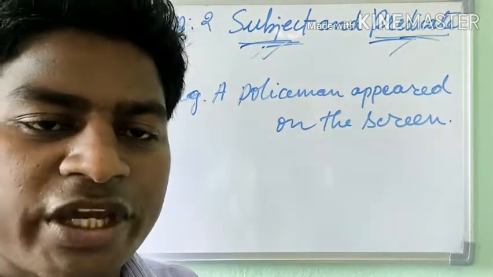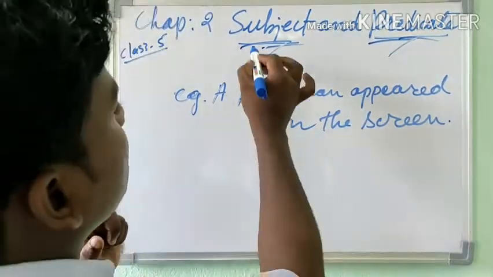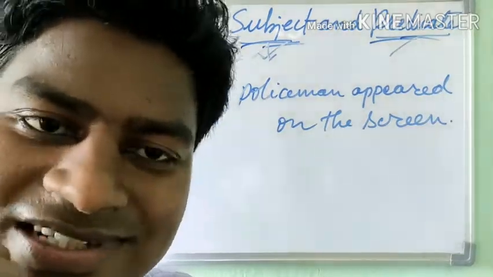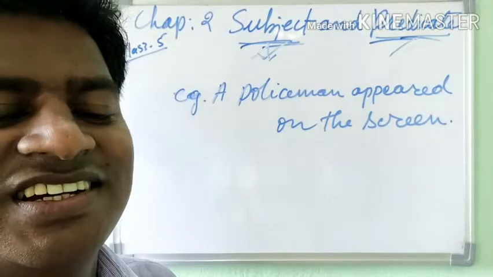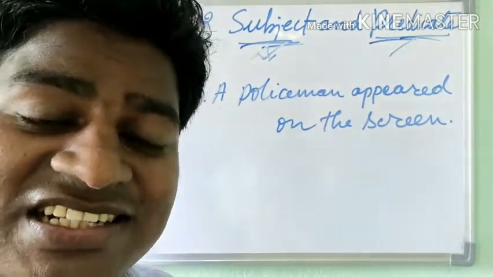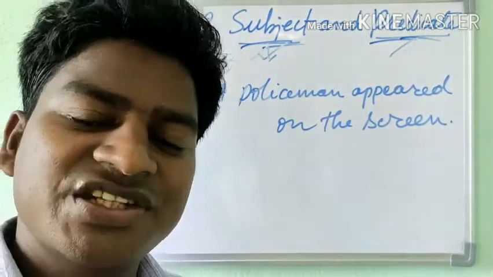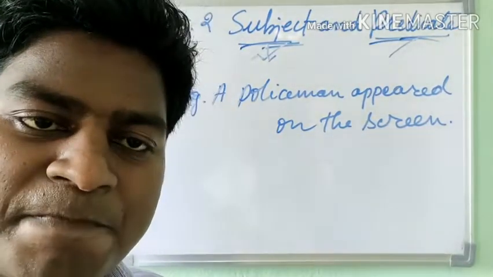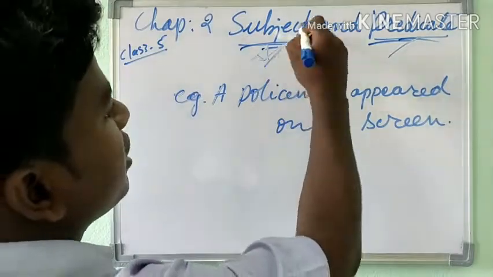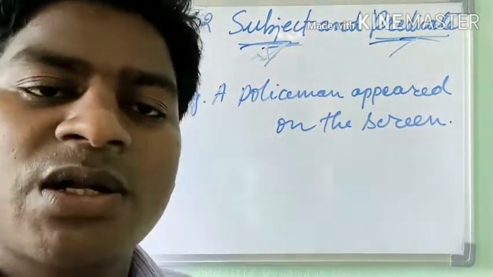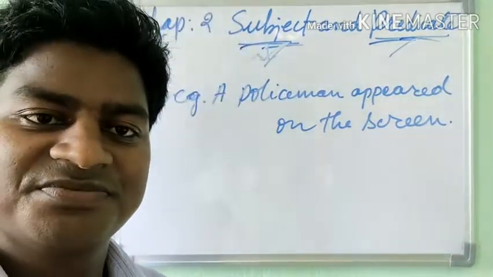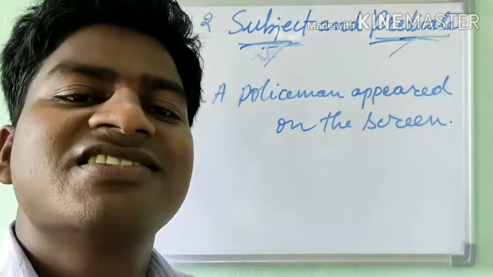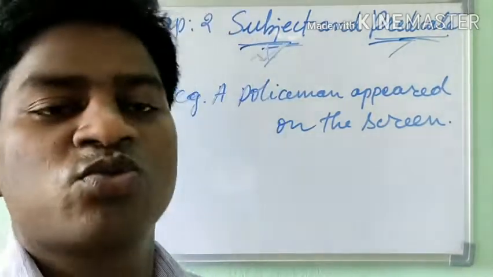Which part will be subject and which part will be predicate, and from where? Okay. So, subject is the part of a sentence that tells us what the sentence is about. Clear? Subject is the part of a sentence that tells us what the sentence is about.